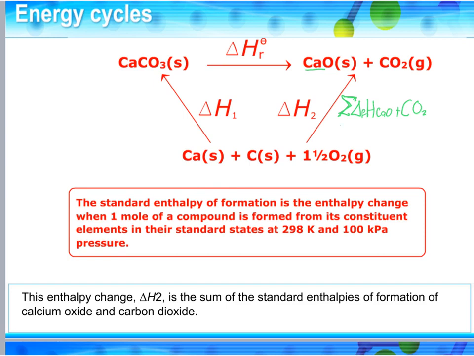So this is the sum of the enthalpy of formation of the products, whereas delta H1 is the sum of the enthalpy of formation of the reactants. However, there's only one reactant, so we don't really need to sum it. But in other examples, you might find that there is more than one reactant.